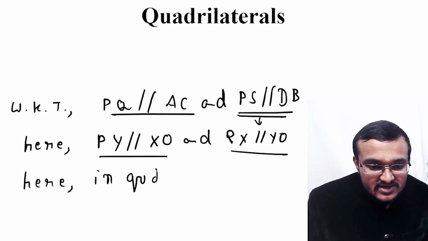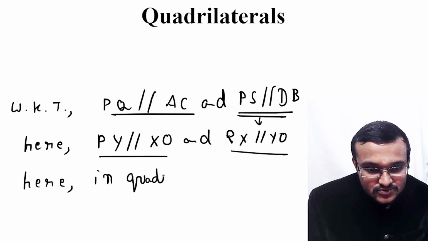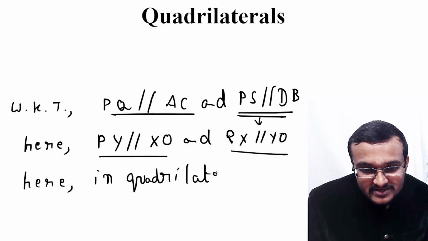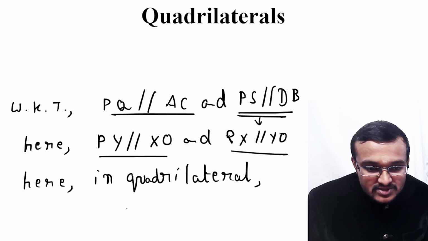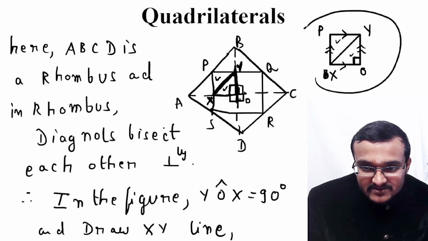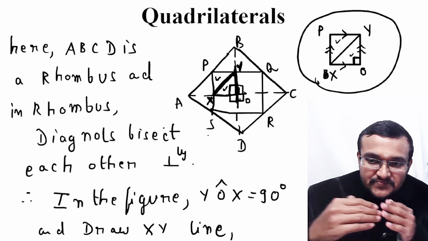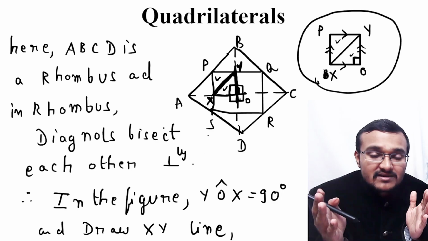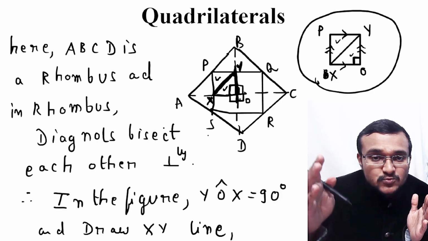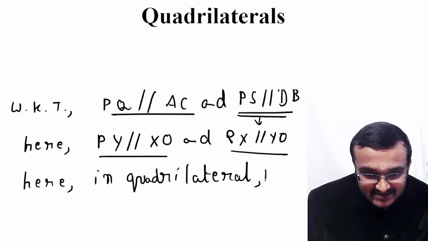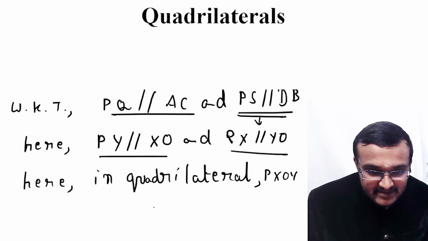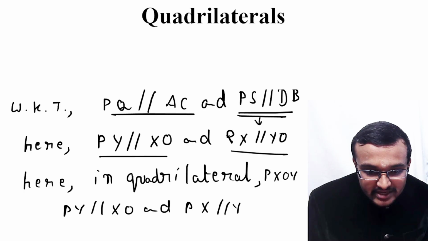So here we are forming a quadrilateral, that is PXOY. Forget about connecting X and Y. Here we are getting the total quadrilateral, that is PXOY. In quadrilateral PXOY, PY is parallel to XO and PX is parallel to YO.